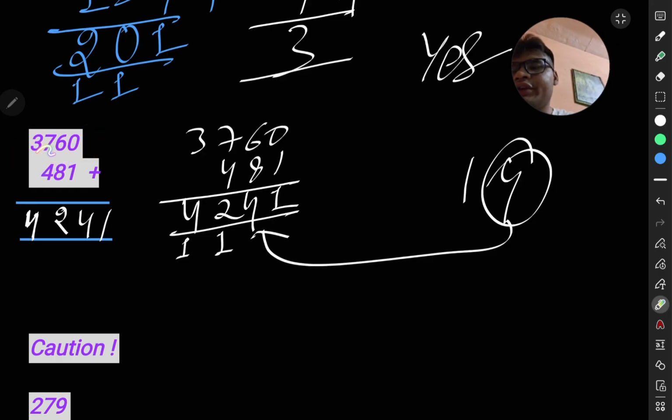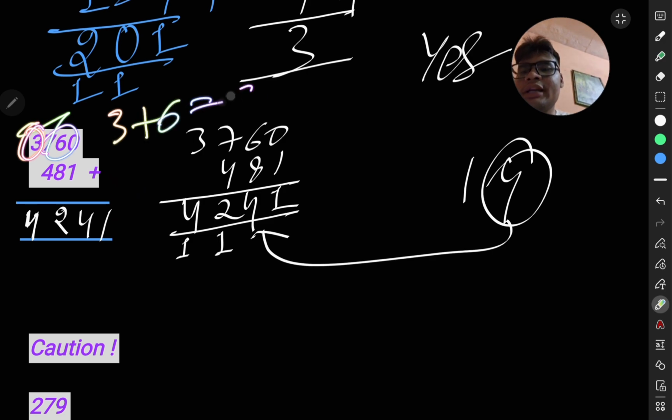First we find there is no 9 available in this number. So we have to check those digits which by adding we get 9. Here is 3 and 6. By adding this 3 and 6, we will get 9.